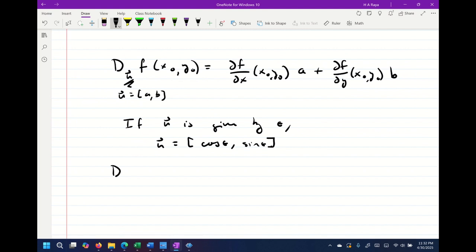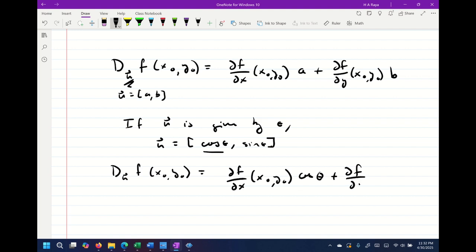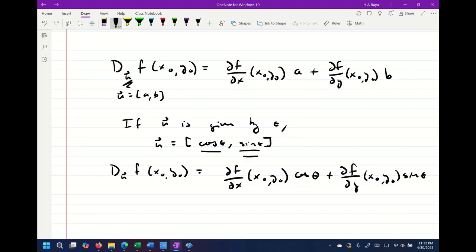So the directional derivative in the direction of u of f at x0, y0 would be the partial derivative of f with respect to x at x0, y0 times cosine of theta. Again, that would be our a within our unit vector, plus the partial derivative of f with respect to y at x0, y0 times sine of theta, where again the sine of theta would be the y coordinate of our unit vector.